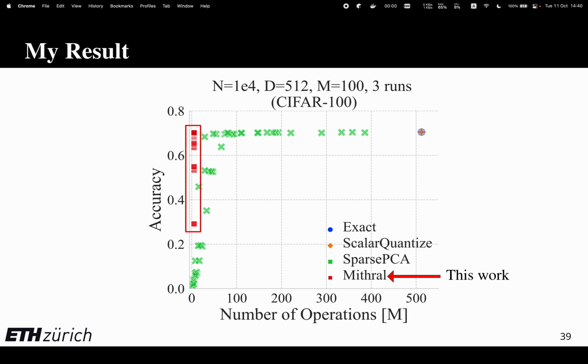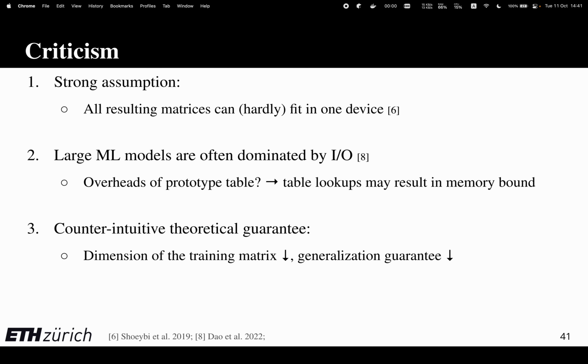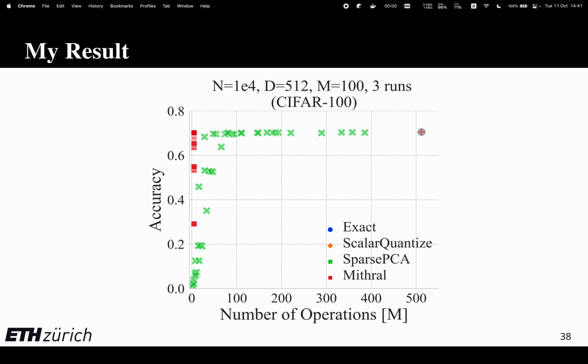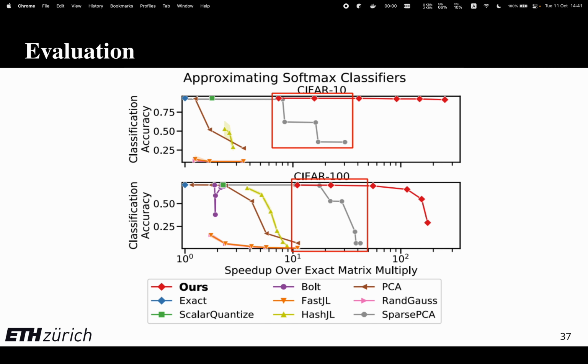What's the difference between all the red dots in the rectangle? Yeah, that's a good question. I should point out that some methods are deterministic. So for each point, for example scalar quantization, we know for each task how much speed up it can achieve.